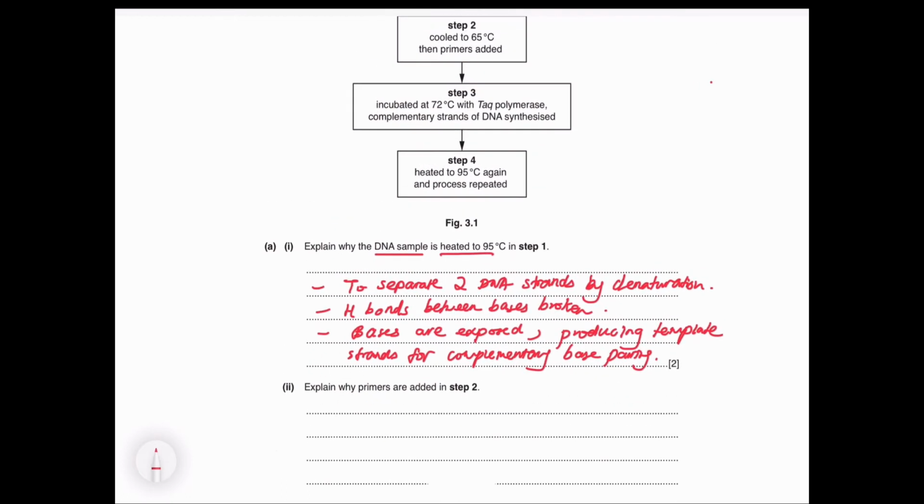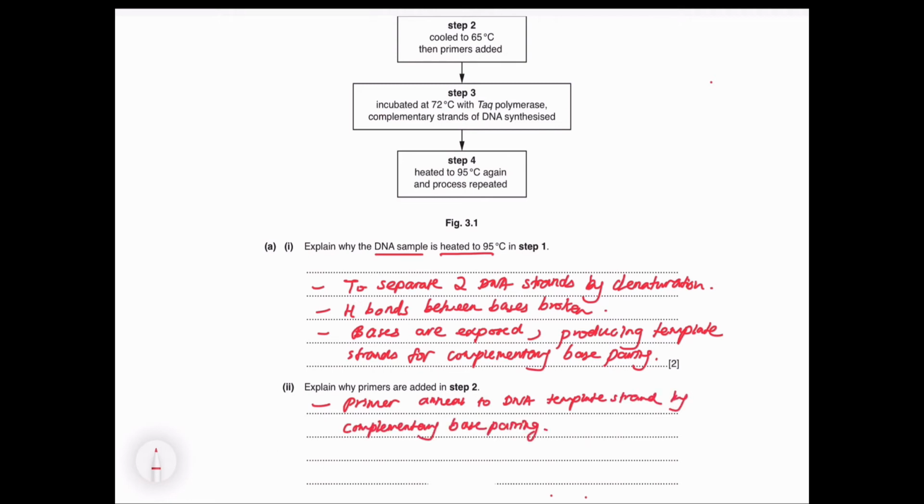Question number 2, why are primers added? As you know, the primers will anneal in the second step, so here we will get marked if you mention what a primer is and what it does. So we can say that primer anneals to the DNA template strand by complementary base pairing.